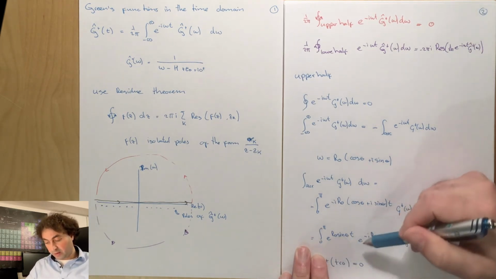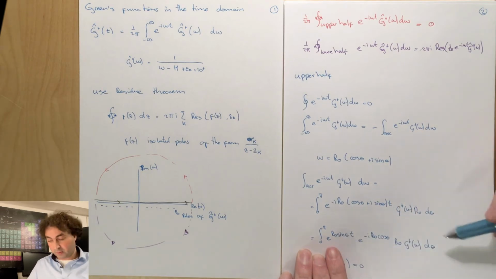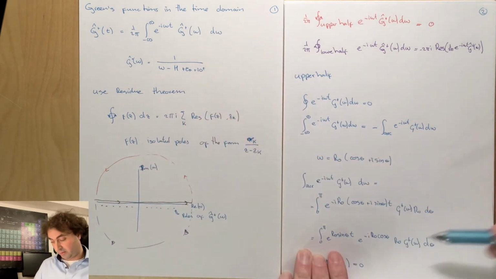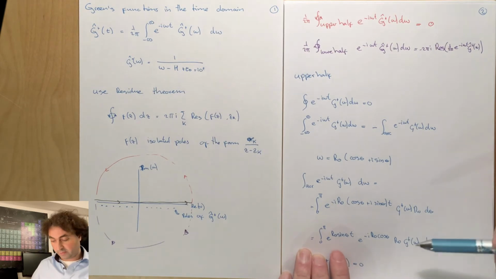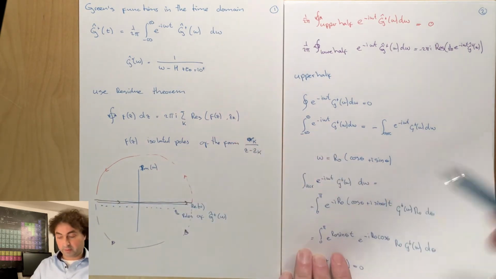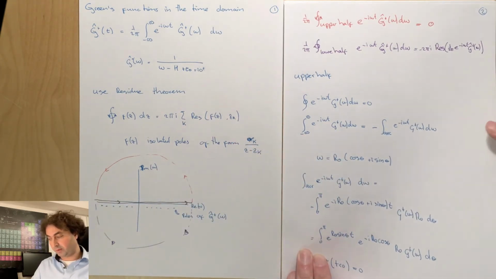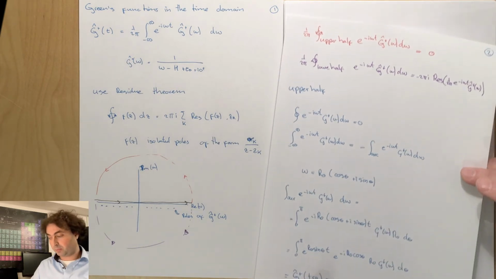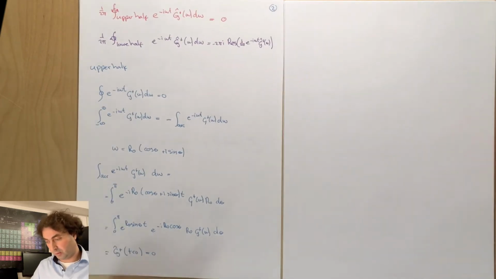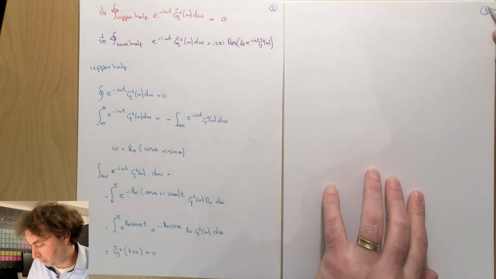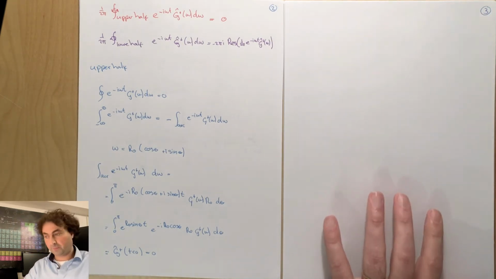Well, for t larger than 0, we have some value here for the arc, which is not an easy integral to evaluate, and therefore there's not much that we can learn from this contour for t larger than 0.